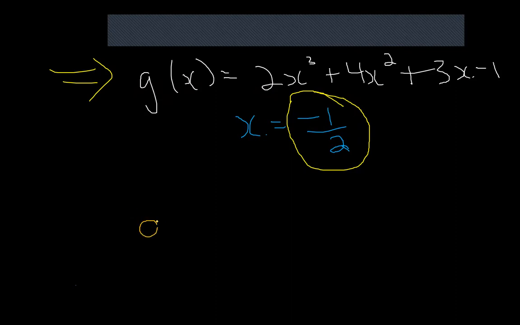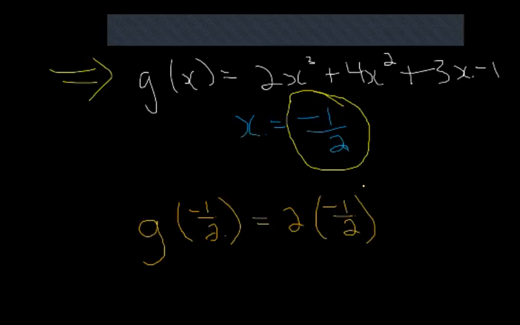So the value of x, I said the value of x is minus a half. Wherever I see x in this function, this polynomial expression, instead of putting x, I'm going to put minus a half. That's why I have 2 by minus a half cubed plus 4.